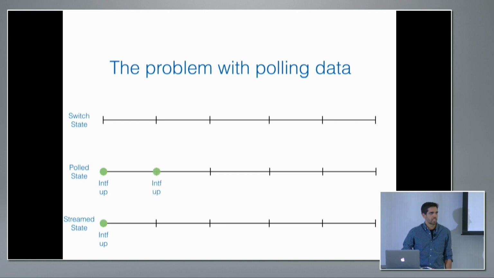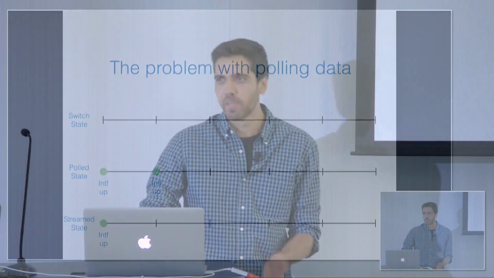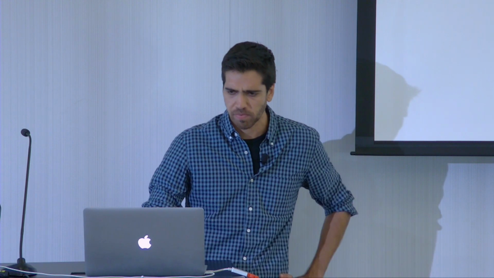Now, the polling system has to come back once a minute, once every 30 seconds, once a day, whatever you configure it to do, and keep asking, hey, is the interface up? And you'll see that state. Now, when a switch state changes, the polling system isn't going to notice it right away, whereas an event-driven system is going to get this notification and immediately push it off of the box. And similarly, when the interface goes back up, that state's going to be streamed out immediately.